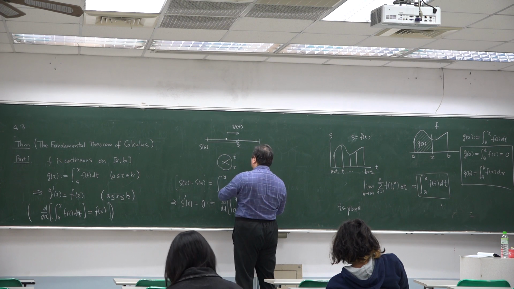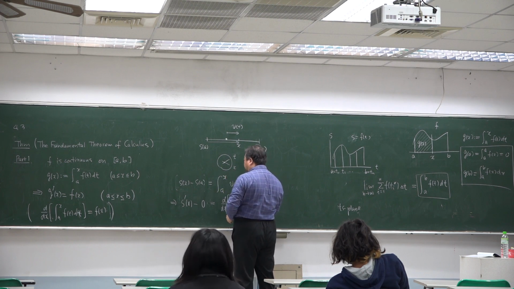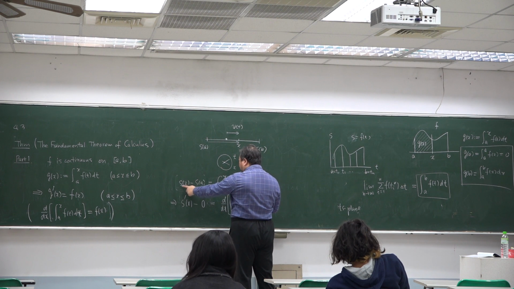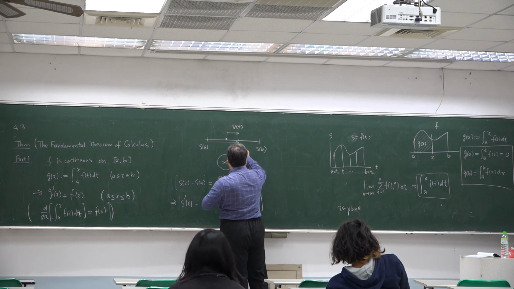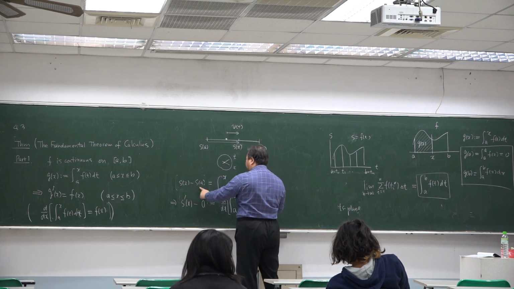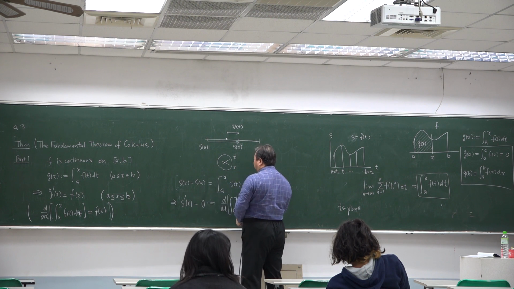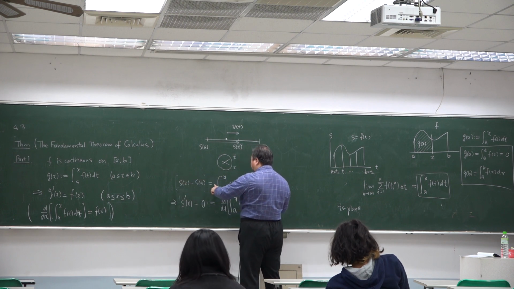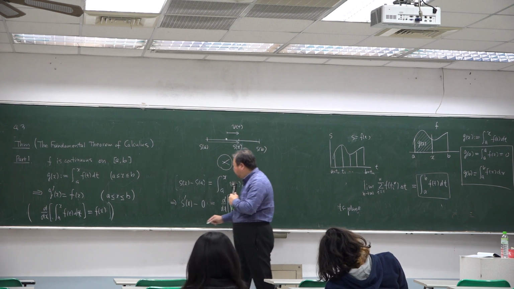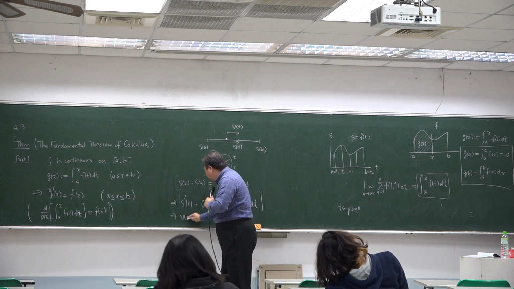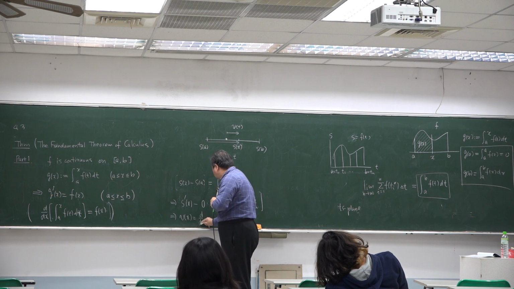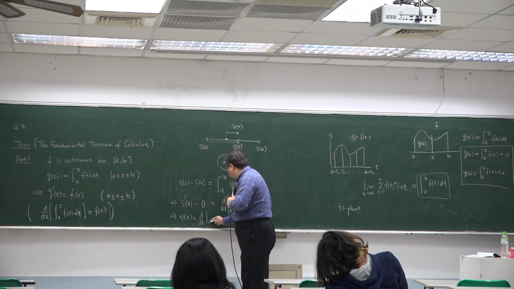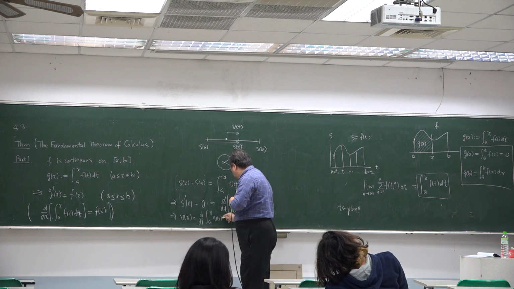Now x is the variable. At time t equals x, the displacement is s of x minus s of a. This is a constant. So differentiate with respect to x, then we have s prime x. And we use d/dx. This is exactly the velocity at time x. So don't be fooled by this notation.